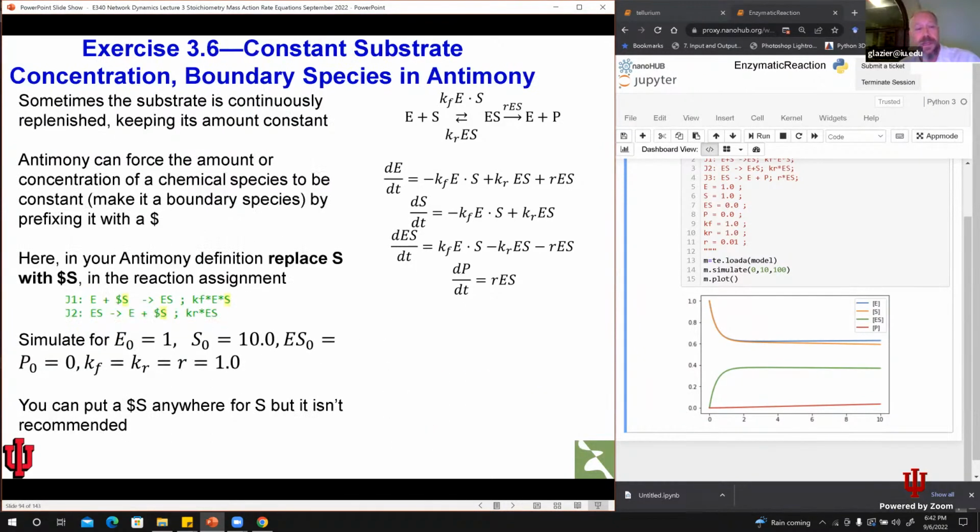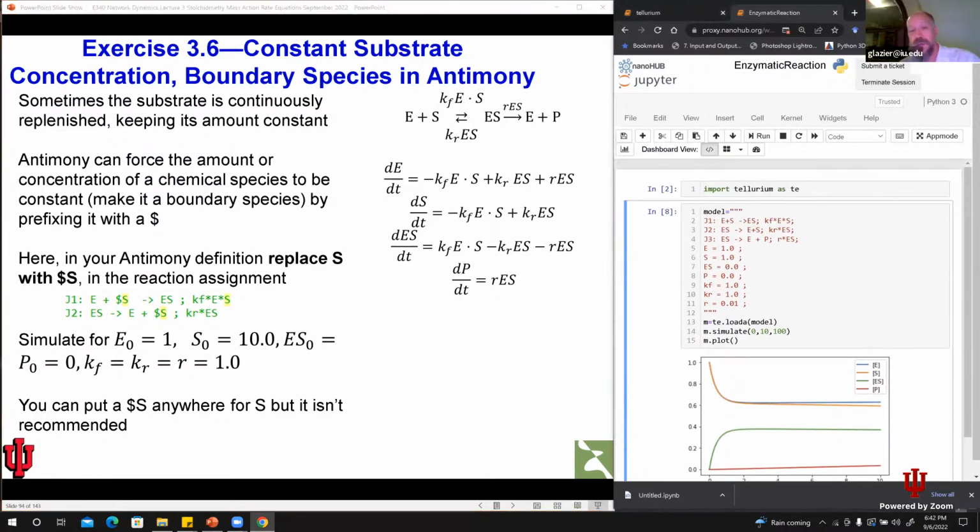Okay. And now I can use that boundary species to try to force a chemical to be constant. That would be, for example, if I have a buffer that forces the amount of something to be constant, or it takes something out of the reaction continually. So let's assume that I actually have truly a constant amount of substrate.